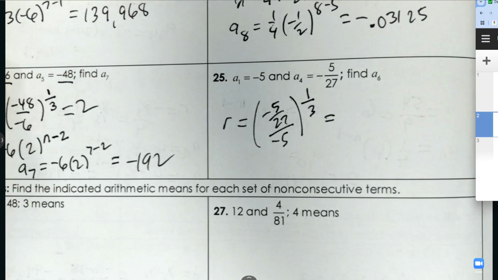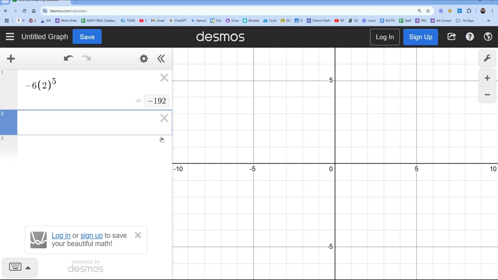But if I use Desmos, it's okay to use a decimal. So if I did Desmos, what it would look like, negative 5 over 27 divided by negative 5, to the exponent one-third.